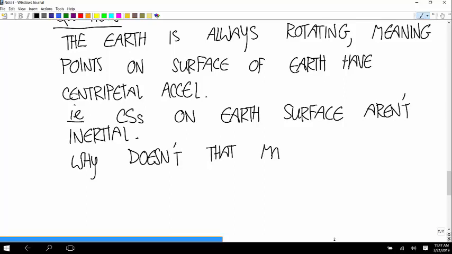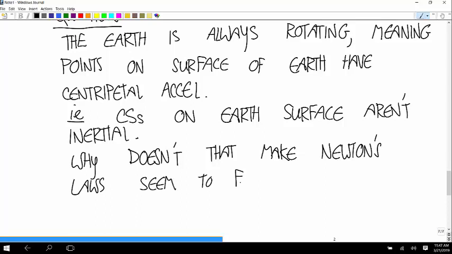Why doesn't that make Newton's laws appear to fail on the surface of the Earth?